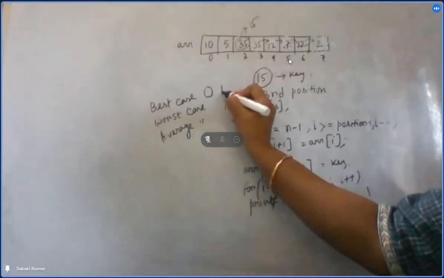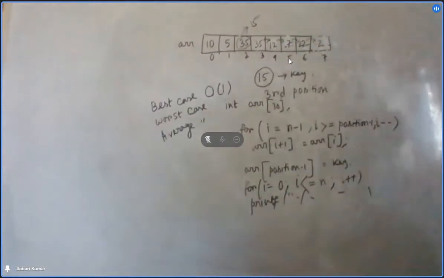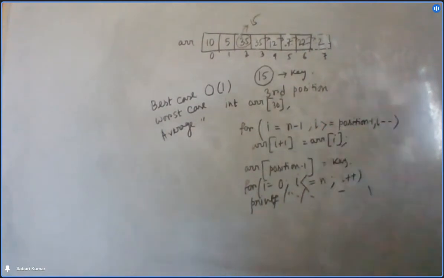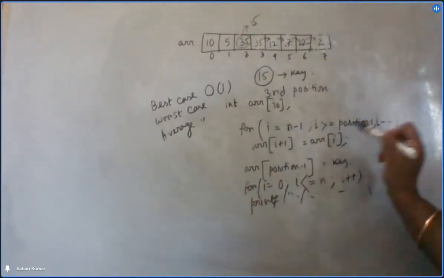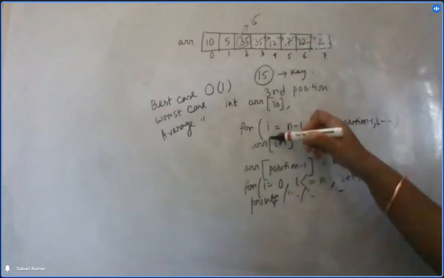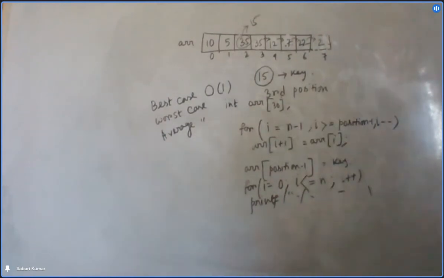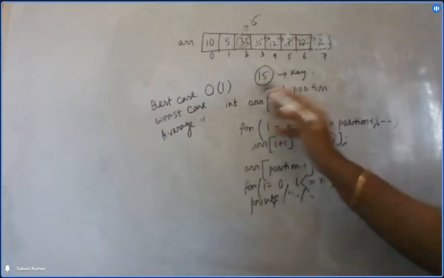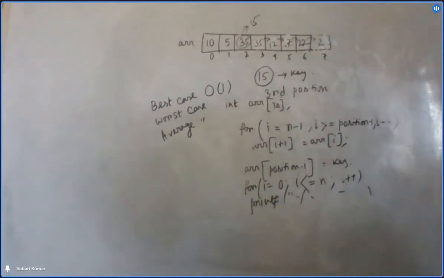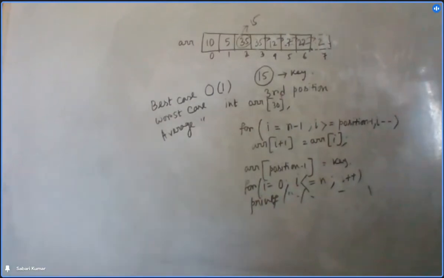So it will take constant time, because mainly the complexity matters for this shifting, as only this loop is the main execution loop. The printing or input loops I have said again and again will not be considered in complexity analysis. Only the main logic part, the loop structure, will be considered in the time complexity analysis.